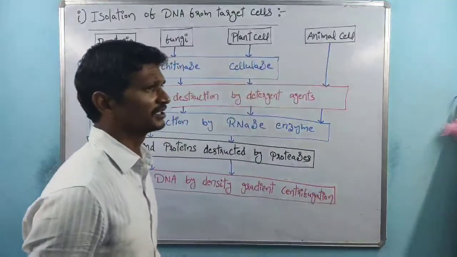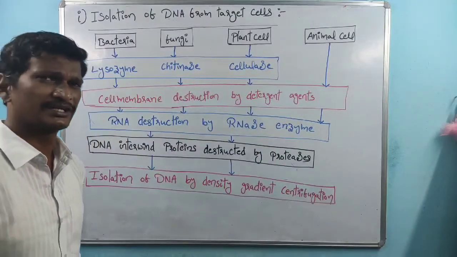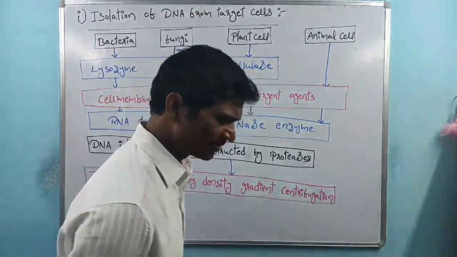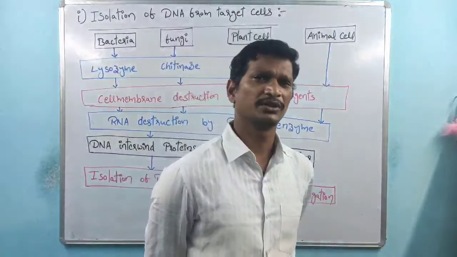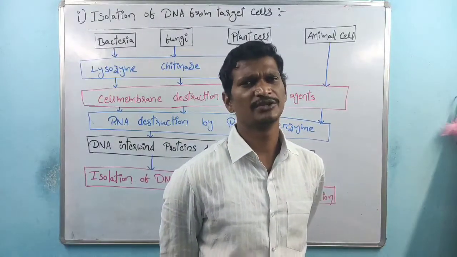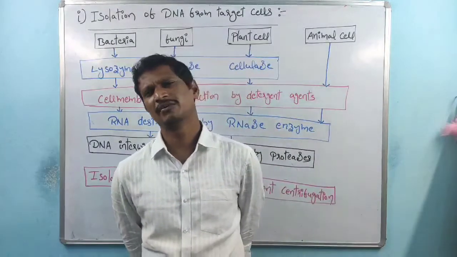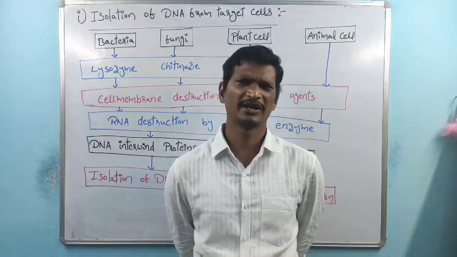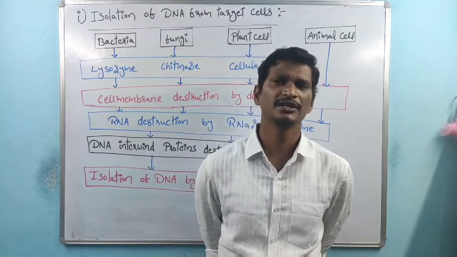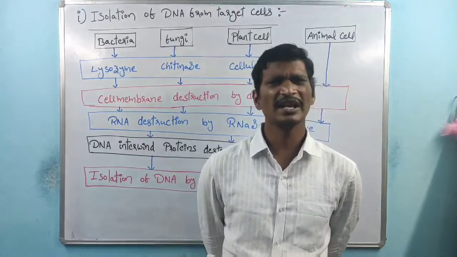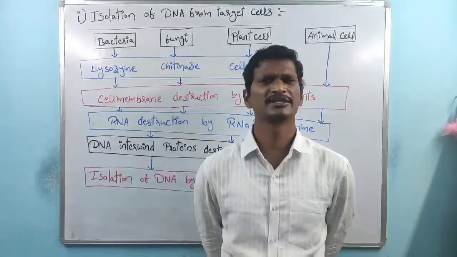See, in that case, maybe our target is a bacterial cell, maybe our target is a eukaryotic cell. In eukaryotic cells, maybe the fungi cell, meaning maybe the yeast, right? Maybe the animal cell, maybe the plant cell.